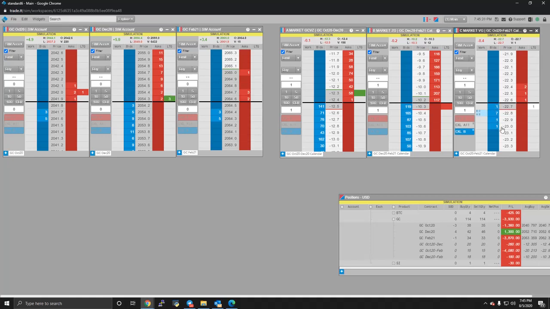So I'm going to bid minus 22.8 in the C market because if I buy 22.8s, I can scratch. I can sell 10.3 and I can sell 12.5 to be scratched, no P&L loss, just paying commissions.